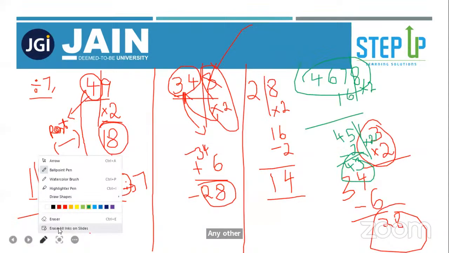Can I clear the frame? Yes, Robert. May I know your doubt? Yes, Robert Muzamila. Robert Muzamila, may I know your doubt?